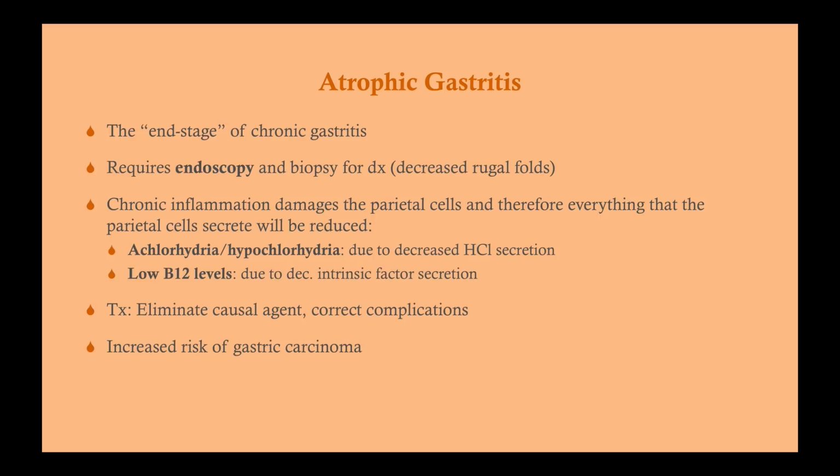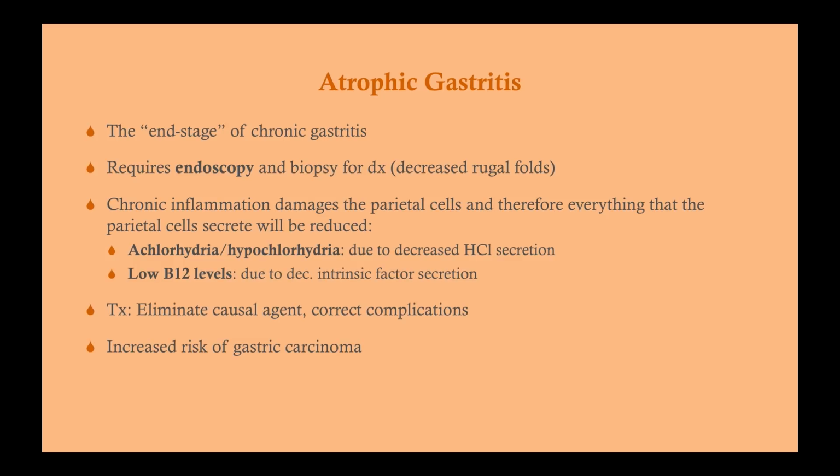This is due to chronic inflammation. That chronic inflammation can damage the parietal cells, and so everything that the parietal cells secrete will be reduced. So hydrochloric acid would cause an achlorhydria or a hypochlorhydria. And then because the parietal cells also secrete intrinsic factor, that can cause low B12 levels as well. So that can also show up as part of your symptoms for atrophic gastritis.